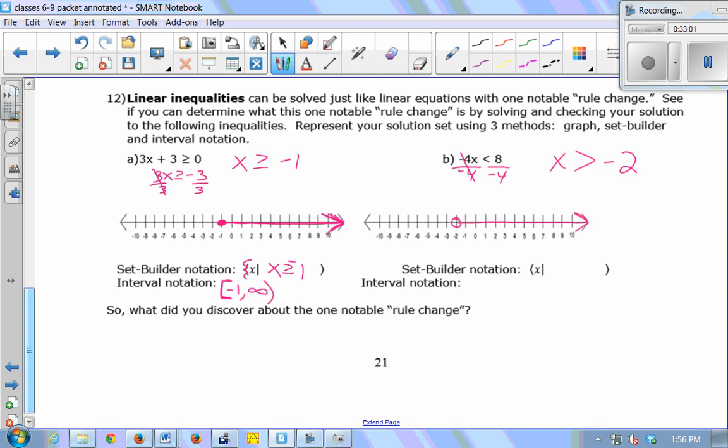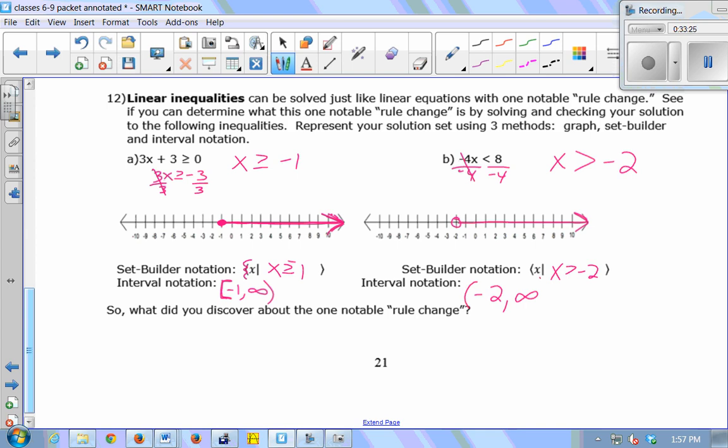So my set builder notation is just adding some fanciness to what I have right here, right? I have curly brackets, the set of all x such that x is bigger than negative 2. And interval notation, though, I would put negative 2 comma infinity, right? Because I start at negative 2, I head towards infinity. Am I going to include the negative 2? No, so I use a round bracket.